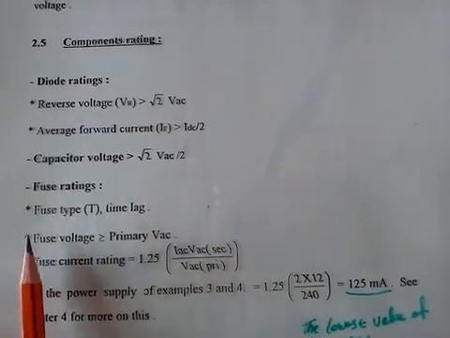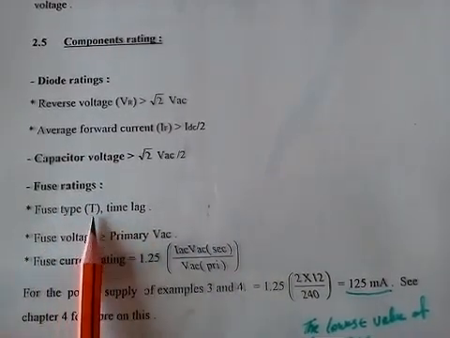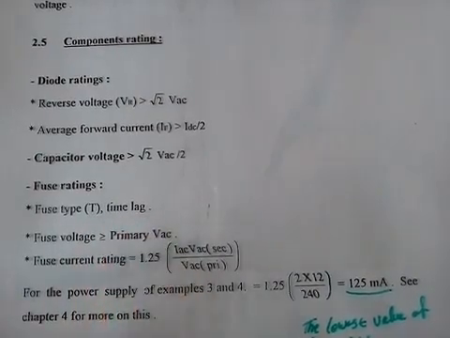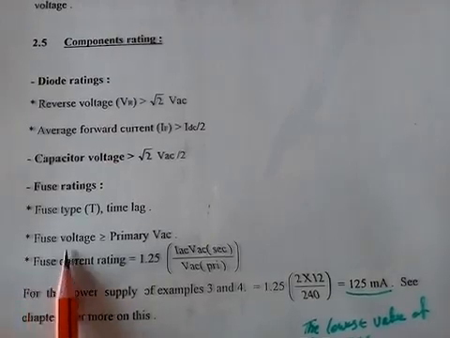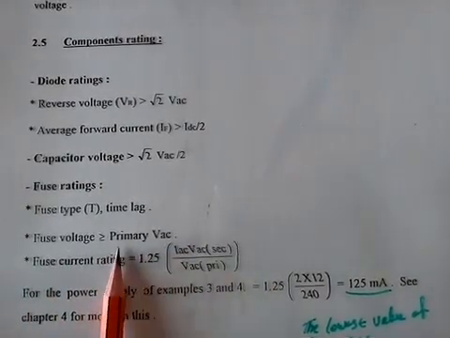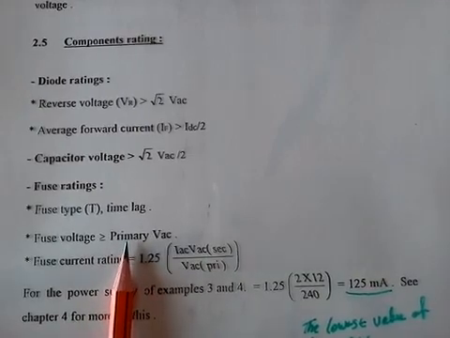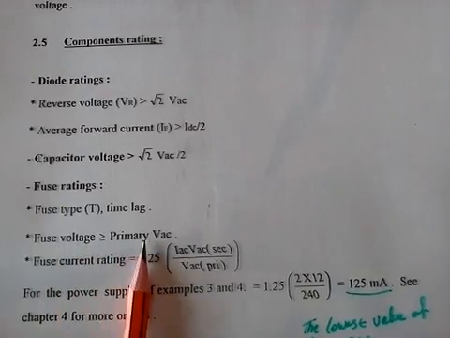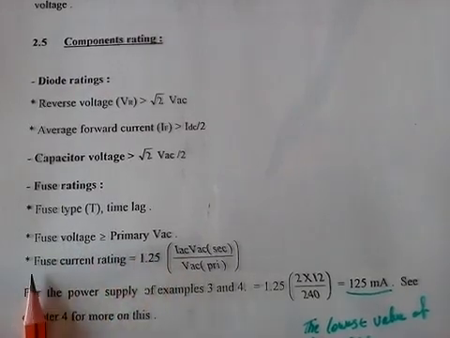Fuse ratings. Fuse type, it must be a T type. That's a time lag type of fuse. The fuse voltage must exceed the primary VAC, so whatever you are using, 240 volts or 120 volts or whatever, its rating must exceed whatever you are using.